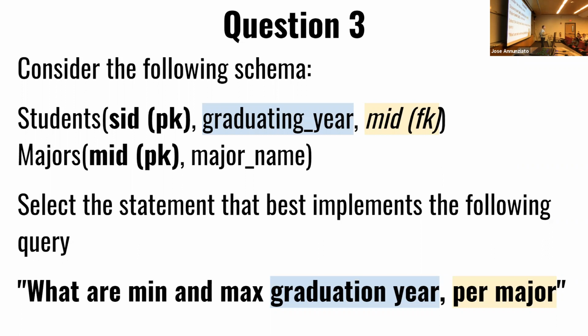So typically we would do an aggregation, especially min and max, on some numerical value. In this case, it would be a graduation year. So we want to iterate over all those years in each bucket and find what the minimum and the maximum are.